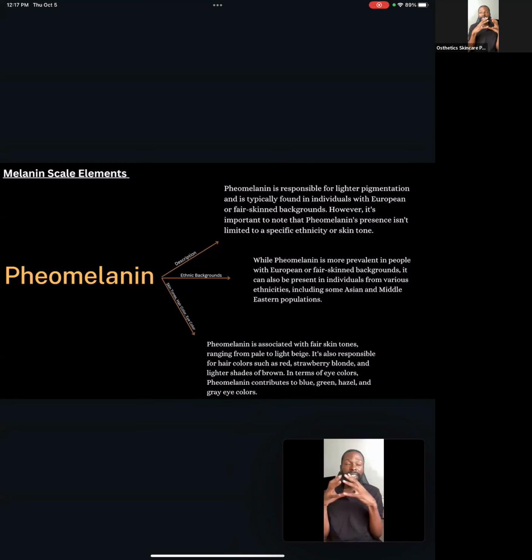So pheomelanin is not secluded to white or Asian or any light ethnicity. That does not mean that it's just for them only. There are individuals with darker skin tones that also have a high concentration of pheomelanin showing up in their body, and you'll get to see what that looks like today.